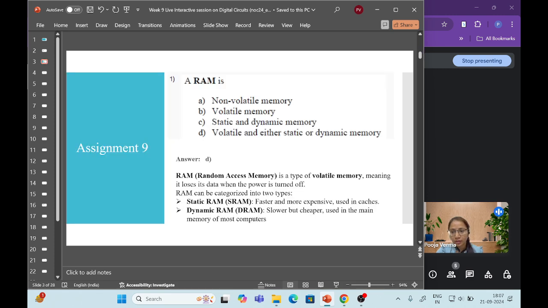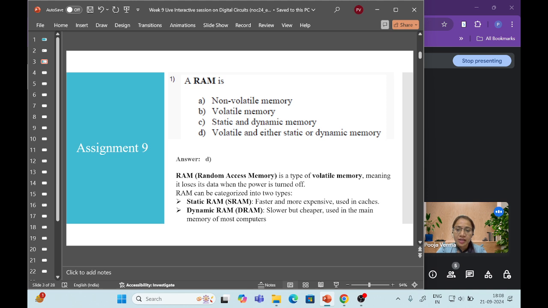Okay, so let's move to the questions for this week. The first question for this week is: a RAM is option A, a non-volatile memory, option B, a volatile memory, option C, static and dynamic memory, and option D, volatile and either static or dynamic memory.